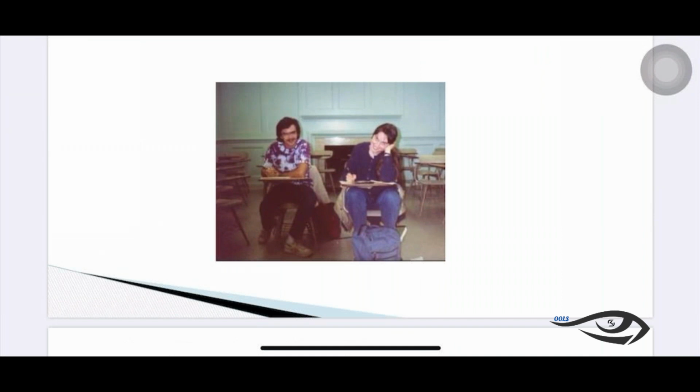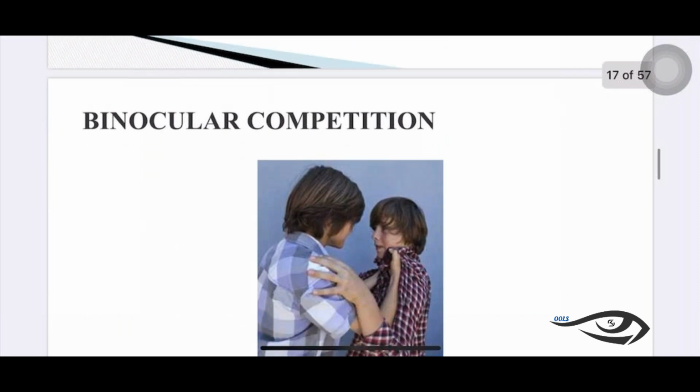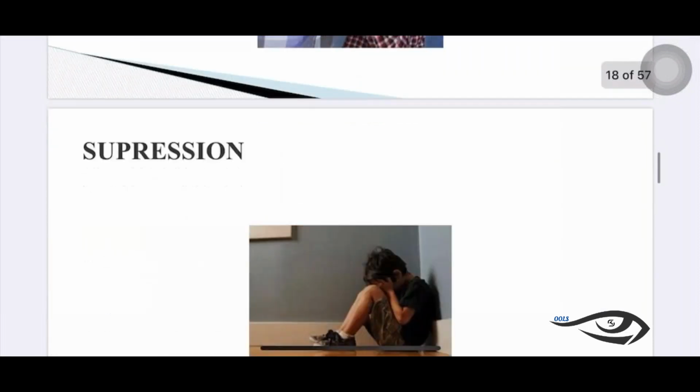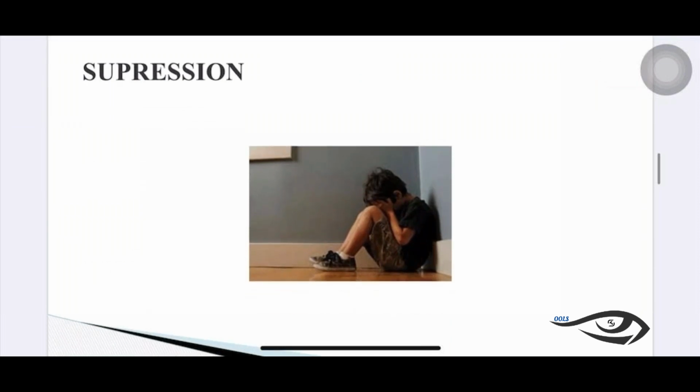Most of the time, like with the class representative, we always say, you are doing very good. The other person will think, I can't do anything, I'm not able to do anything. Slowly that competition will increase, and at the end of the day, it will give you suppression.